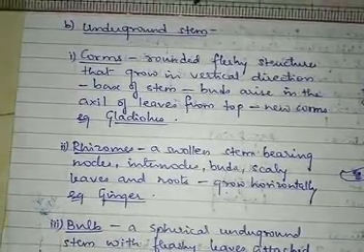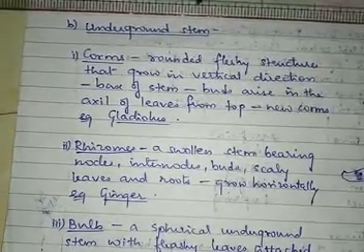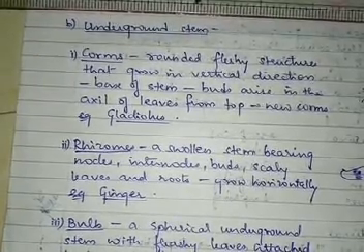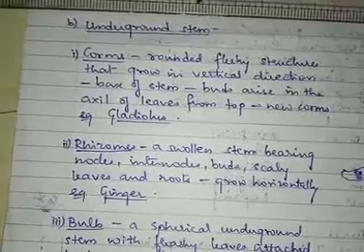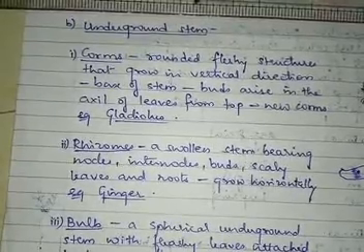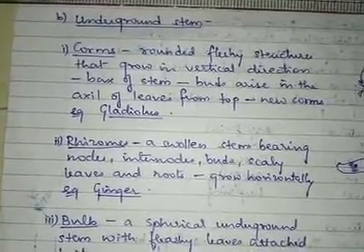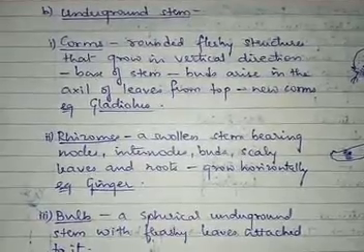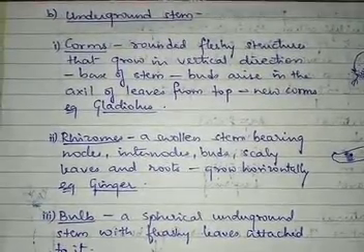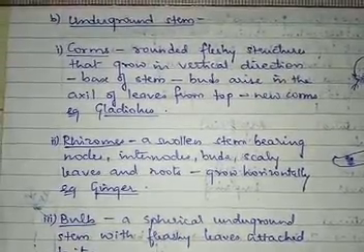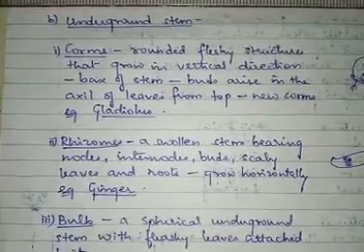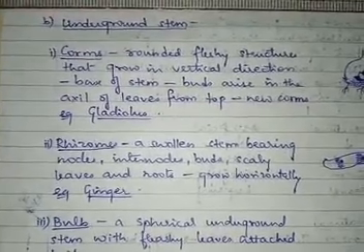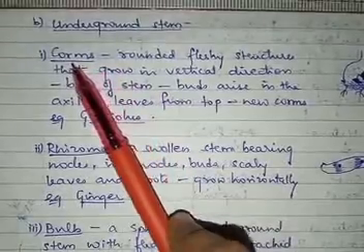Second, they store the food for the plant. That is why they are important for the plant. We are going to discuss in detail how the different types of underground stem bring about vegetative propagation. So the first one is the corm.